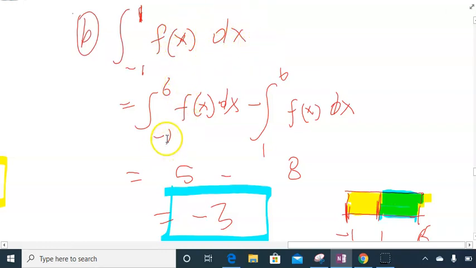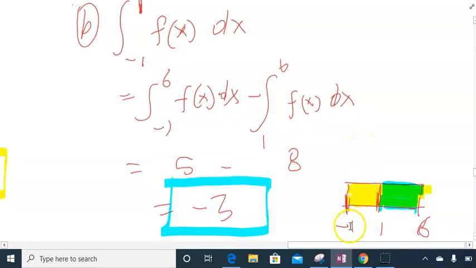We have the integral from -1 to 6, and we have the integral from 1 to 6. But we want to find the integral from -1 to 1. That is like these two lower bounds. Now, if you drew a diagram from -1 to 6 and 1 to 6, you note that the difference would be the distance from -1 to 1.